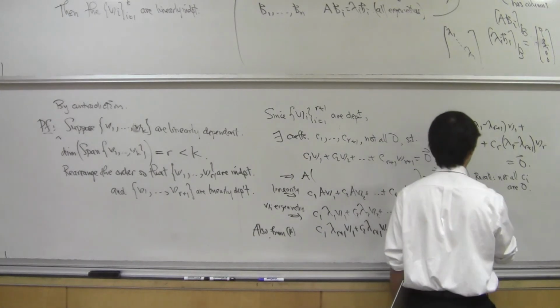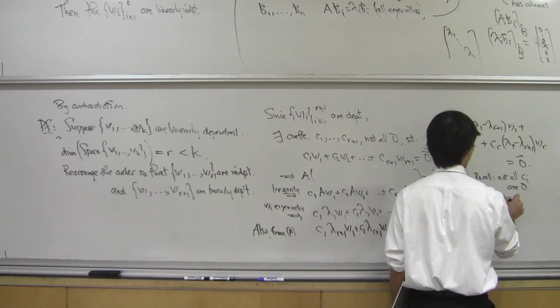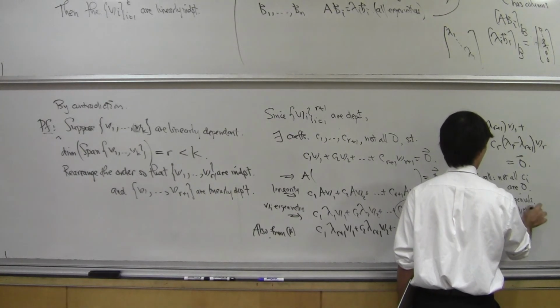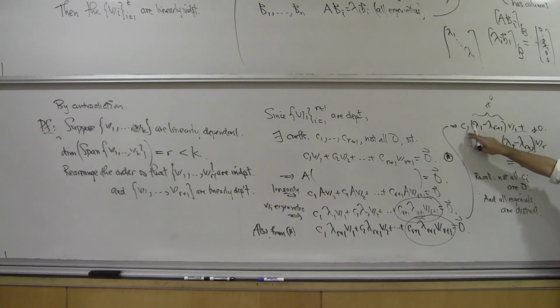And further, all the eigenvalues are distinct, so we know that these terms in the parentheses are all non-zero. Since at least one of the ci is non-zero, we have a non-trivial combination yielding the 0 vector.